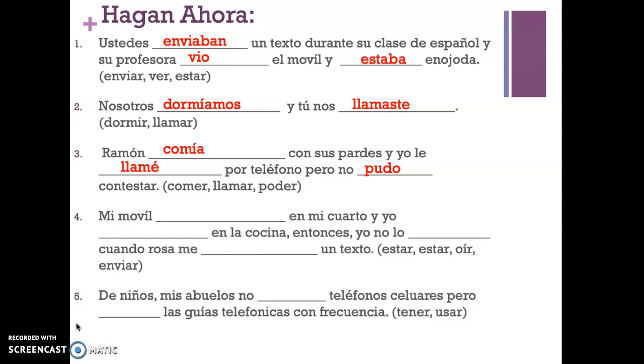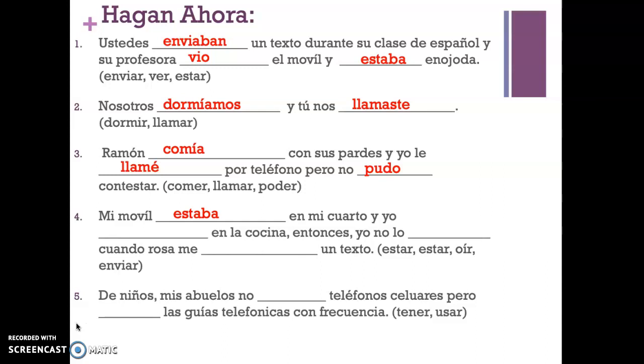So, I did not hear when Rosa sent me a text. See if you can conjugate these 4 conjugations. Okay, so the first one, you should have typed in estaba. My phone was in my room.